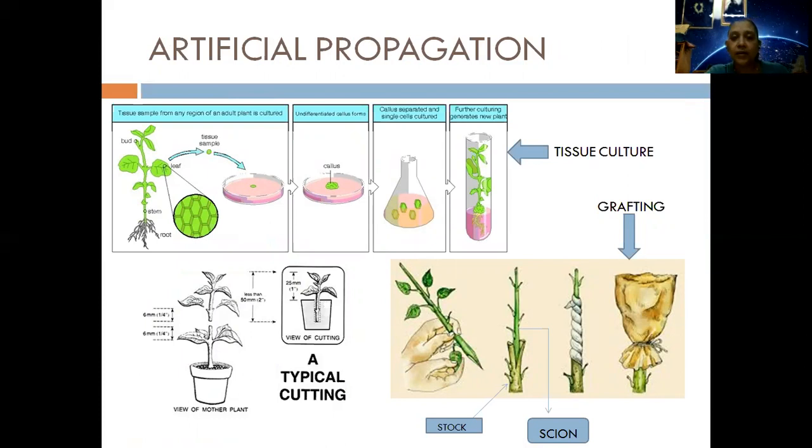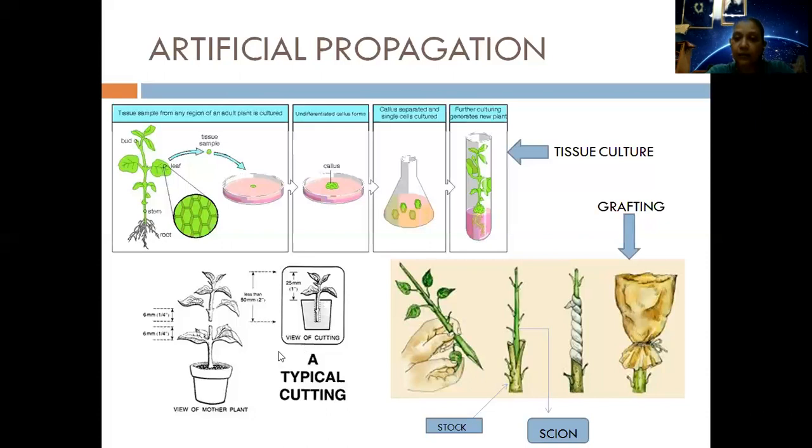That means we cut a part from a bigger plant and we plant it in the soil. हम किसी से एक पौधा की एक टहनी, जैसे हम गुलाब का पौधा लगाना है तो हम किसी से गुलाब का पौधे की एक टहनी लेके आते हैं और उसको नए सॉइल में लगाते हैं. So that is a typical kind of artificial propagation and the method is called cutting.